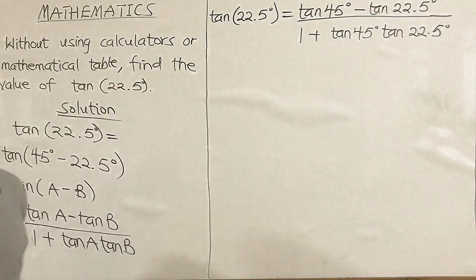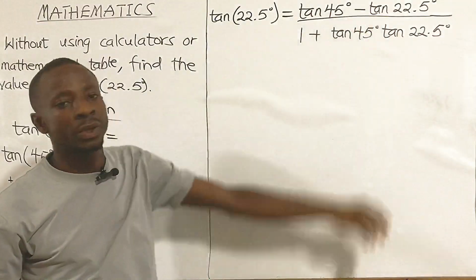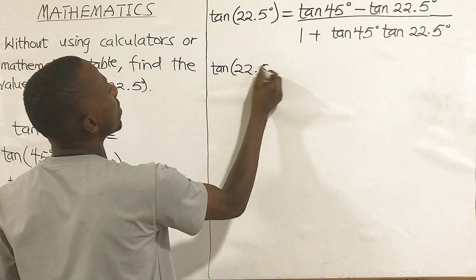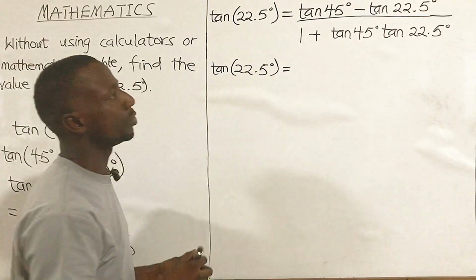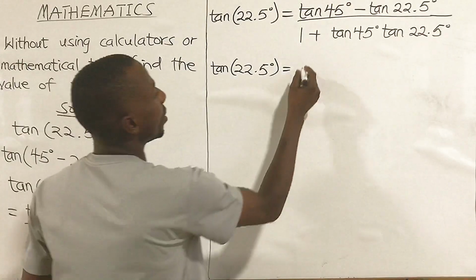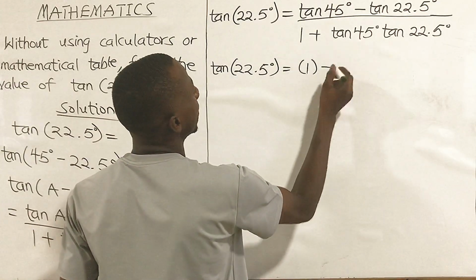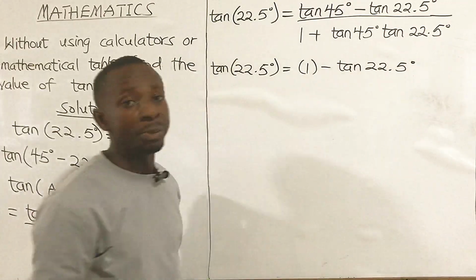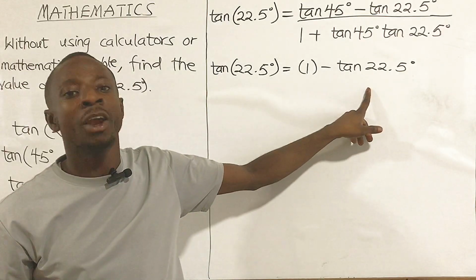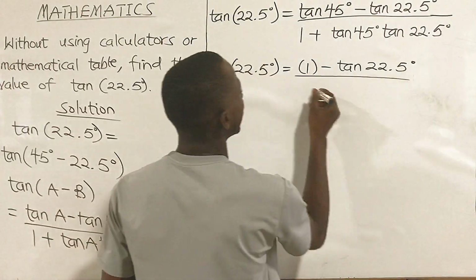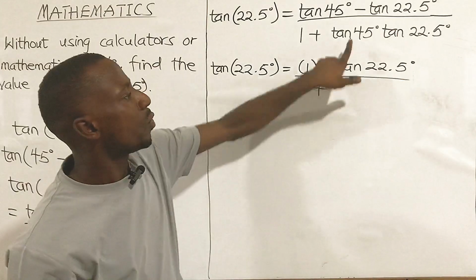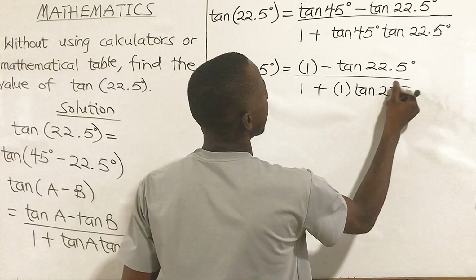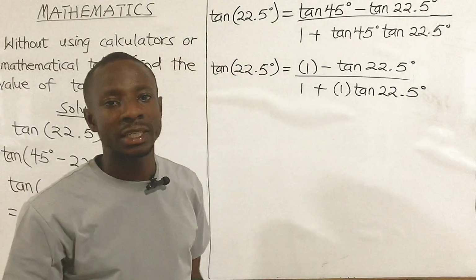All right. Now from here, we are going to evaluate what we have here. So we still have tan 22.5 degrees is equal to tan 45. We have 1 minus tan 22.5, which is going to be repeated because that is the value we are looking for, all over 1 plus, we have tan 45 here, giving us 1, multiplying tan 22.5.